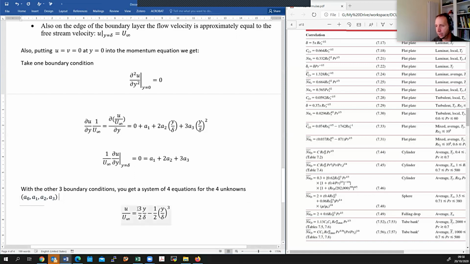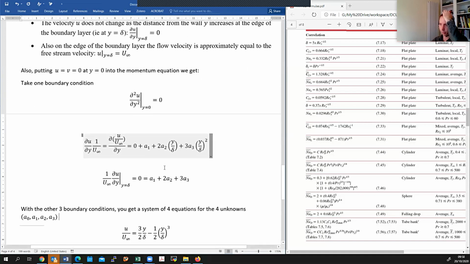And we find that A0 is equal to 0, A1 is equal to 3 over 2, A2 is equal to 0, and then A3 is equal to minus 1 over 2, apologies.